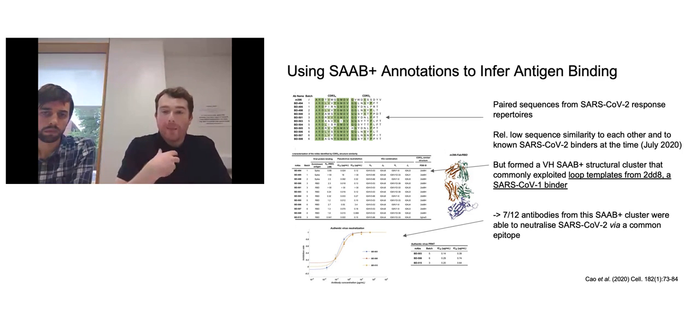infer antigen binding to SARS-CoV-2. What they did is apply this structural annotation approach to paired sequences from SARS-CoV-2 response repertoires. What's interesting about what they did is that the sequences within these repertoires were quite diverse, and they also exhibited fairly low sequence identity to the known SARS-CoV-2 binders at the time, again, in the pandemic.